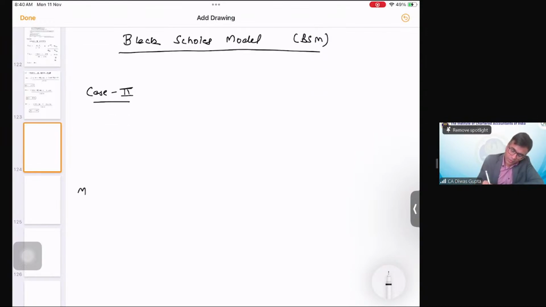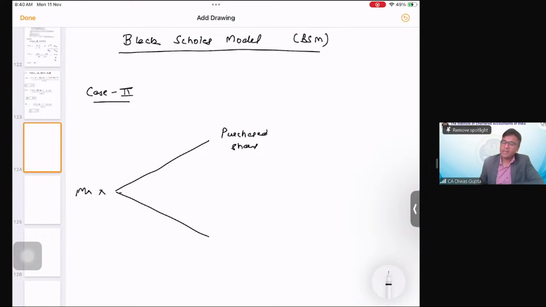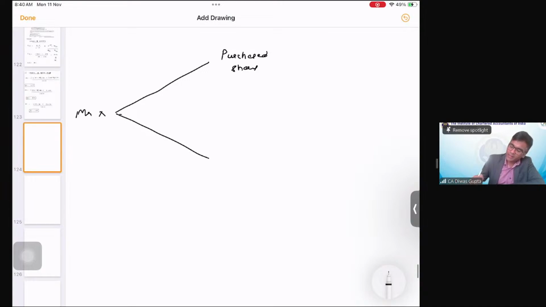So let's assume that there is Mr. X, and Mr. X has purchased the shares. Simultaneously, in case 2, we discussed, right, shares being purchased, so there has to be writing of the call option.